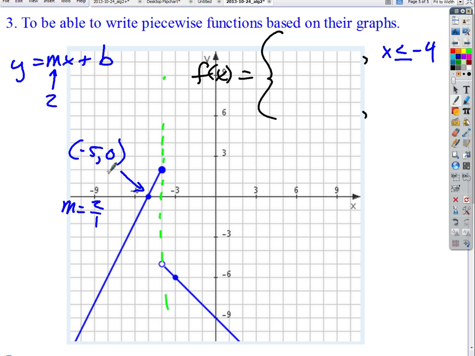Does that make sense? So then 0 is going in for y, -5 is going in for x, and that's going to allow us to solve for b. If I plug that stuff in, don't I just get 0 equals 2 times negative 5 plus b? So what's b?